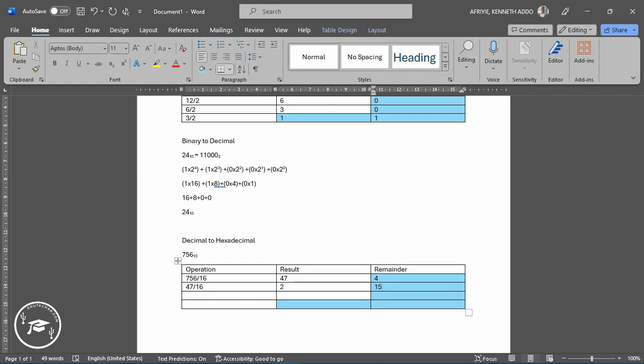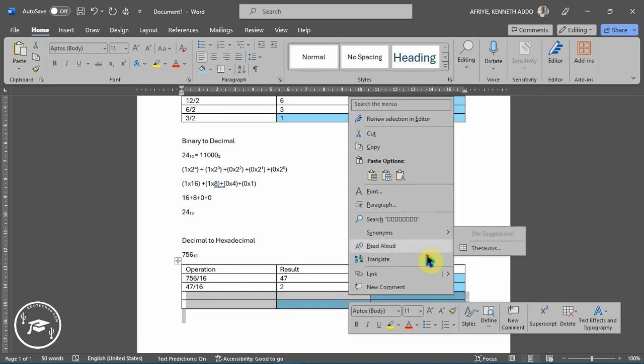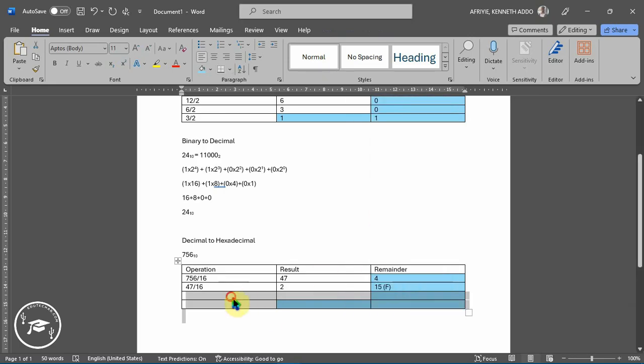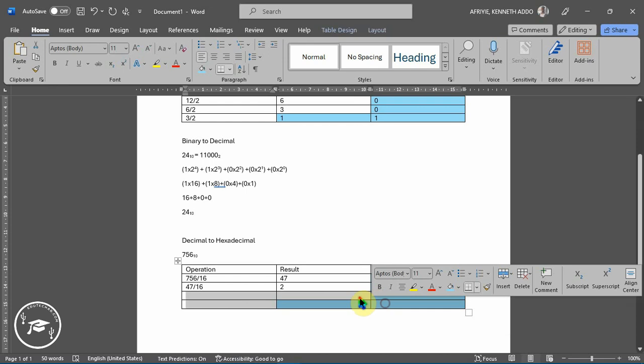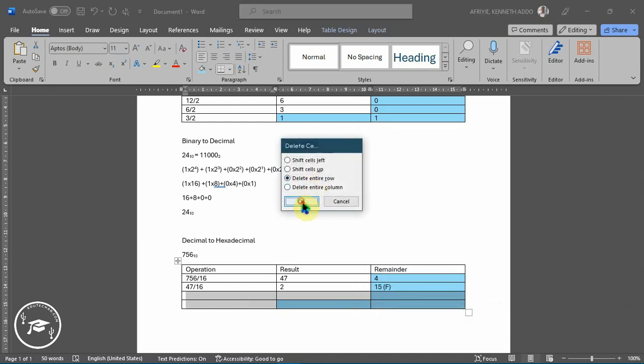Remember, we don't write 15, so we are going to write F. Great. So what again? 2 divided by 16, we don't have. So we are going to just end this one here. So let's remove this table from here. Let's delete this table. Great.